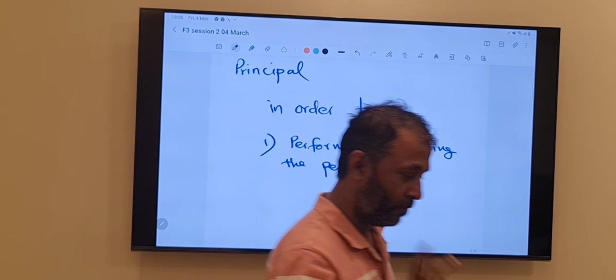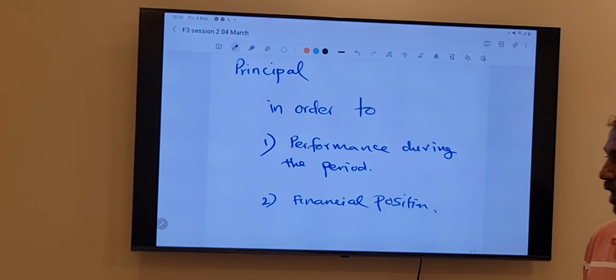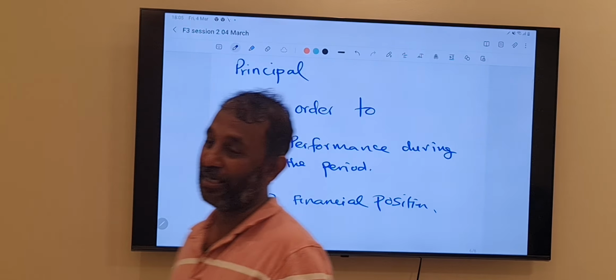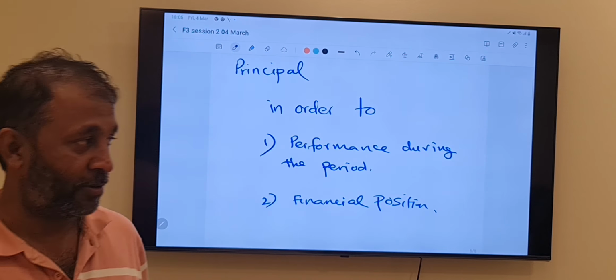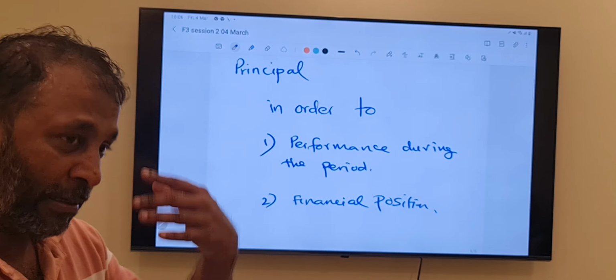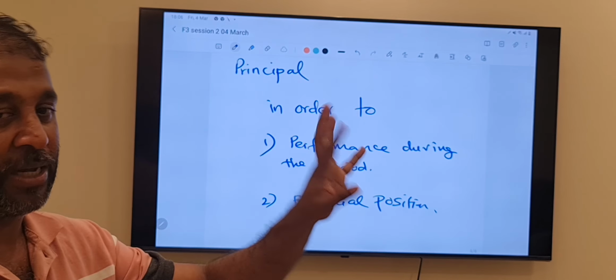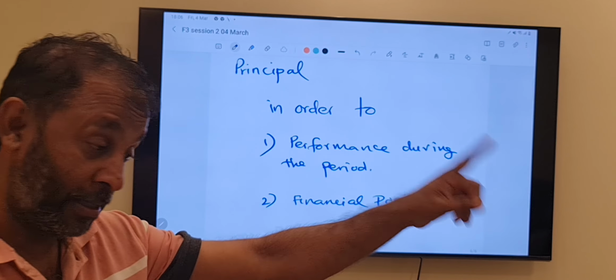Number one is performance. Number two, position: financial position. What do you mean by that? Balance sheet. Now, if I stand in front of the mirror, I will see the image of me only. I'm not going to see something else, generally, if the mirror is good.